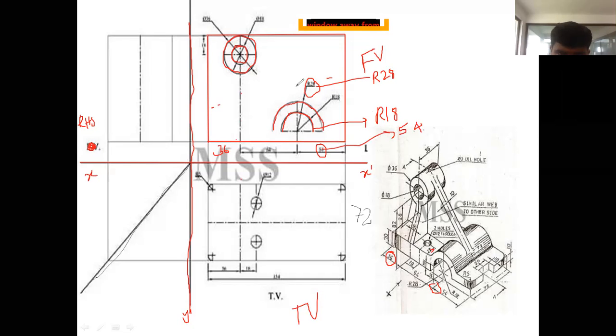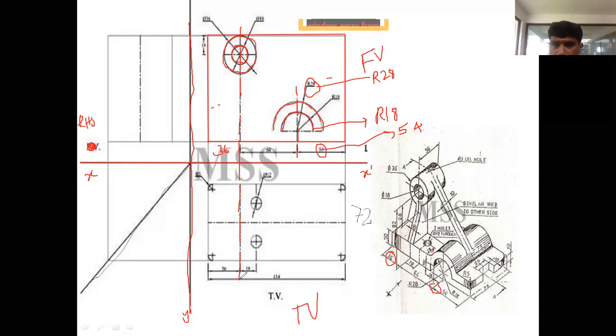Draw the center line, the axis line, and it will be projected continuously. 36.